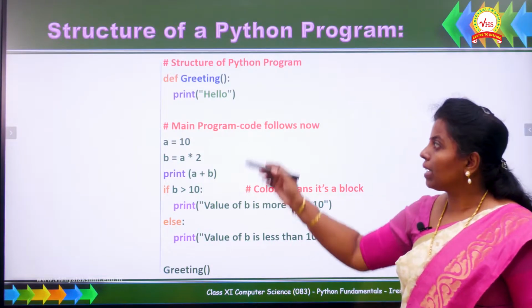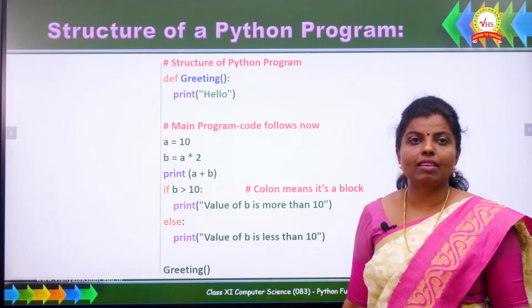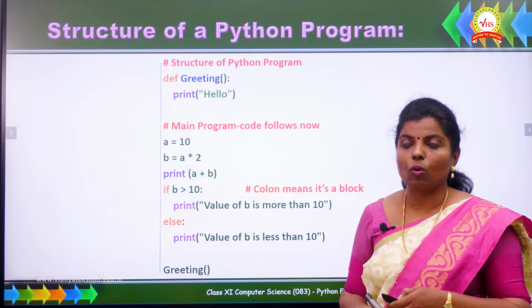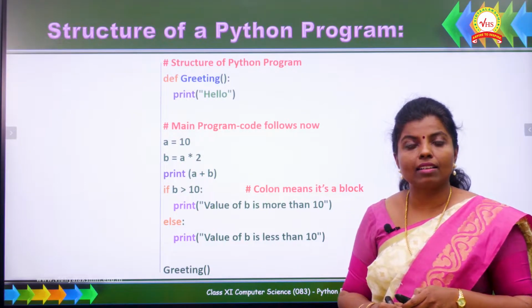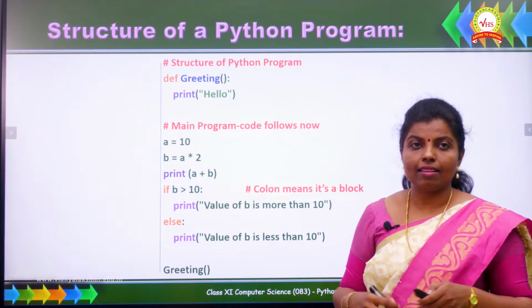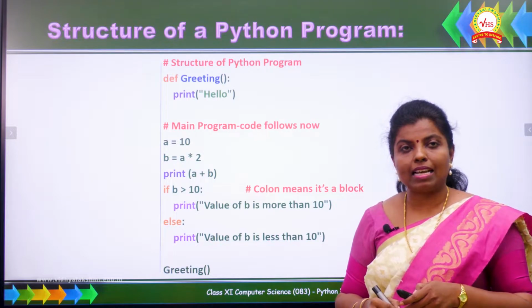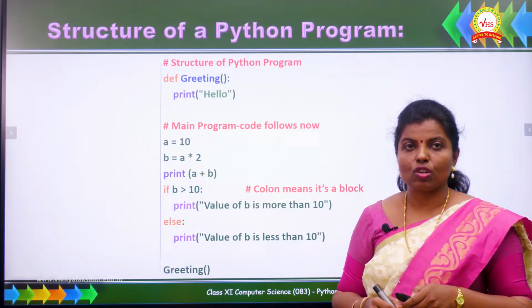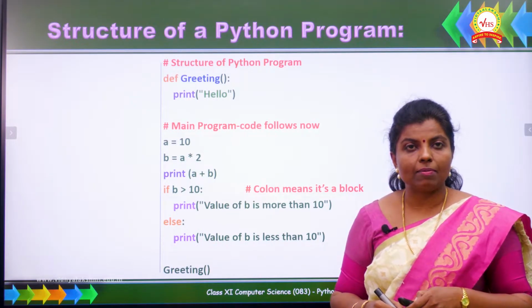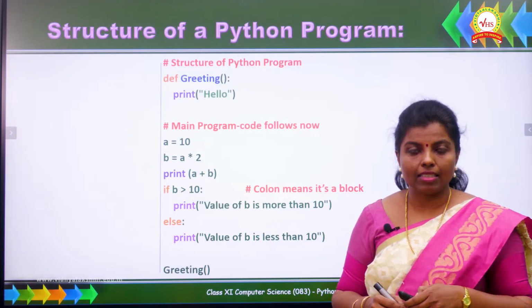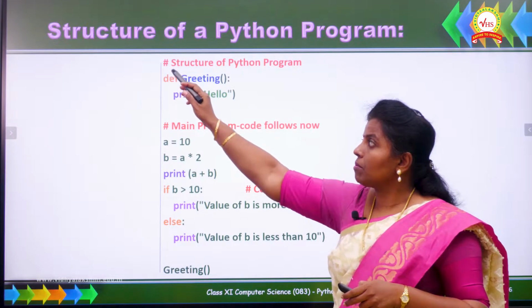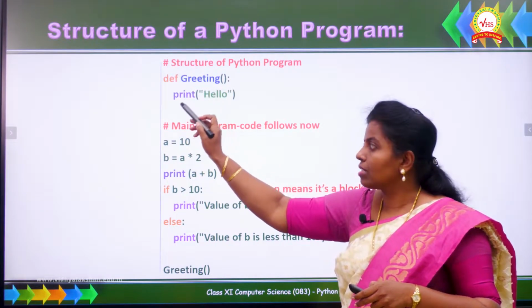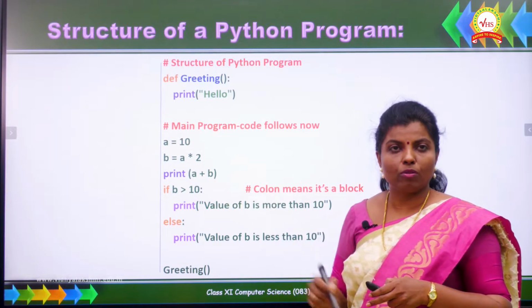Here a Python programming code is given as a sample code. Here you can see there is a straight line. This straight line is given for you to understand the difference between the top level statements and the indented statements. You must know what top level statements are. The top level statements are the statements which begin from the margin. Here you can see some statements begin from the margin, and some statements have a space before them.